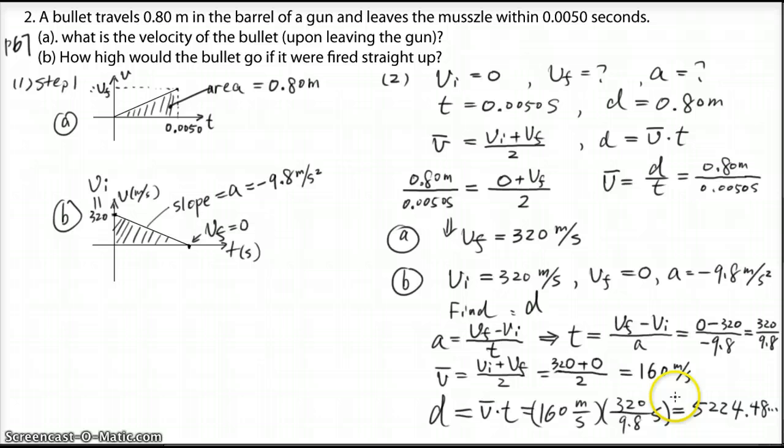Because you're supposed to keep 2 significant digits, we write 5.2 times 10 to the power of 3 meters.